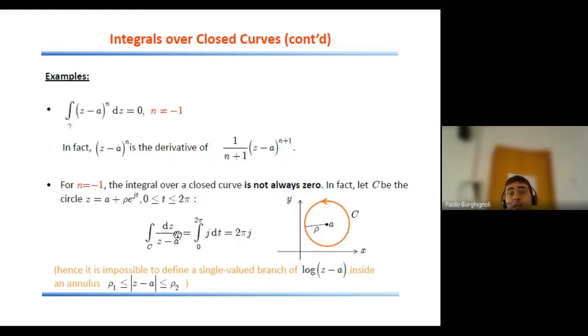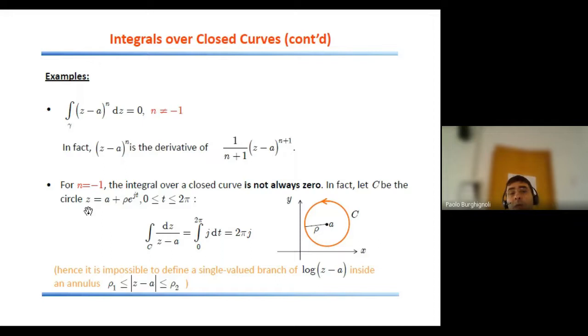Imagine your differential dz. To evaluate this differential, you need to evaluate the first derivative of z with respect to the parameter t. So you need to differentiate this parametric representation. Now, in the differentiation, the constant a vanishes, whereas the exponential is the derivative of itself. However, the argument of the exponential contains the factor j, so there is a factor j that pops out.